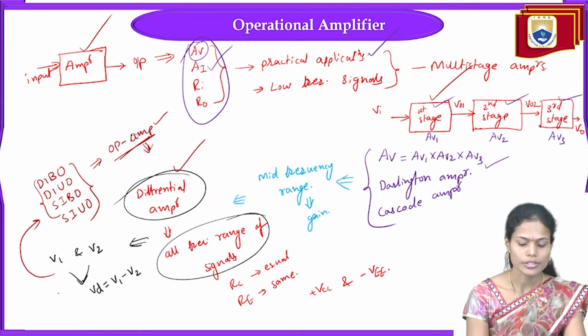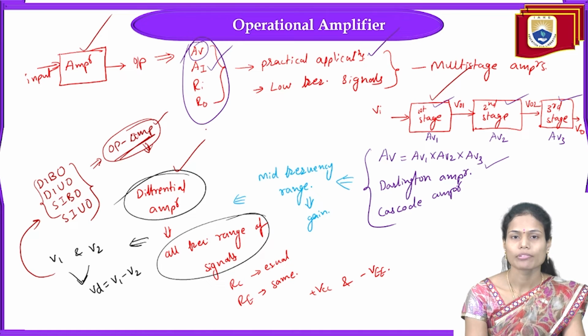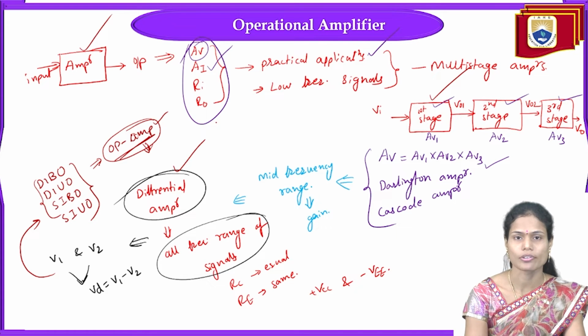And one more thing, this particular operational amplifier can perform all the operations, that is addition, subtraction, integration, differentiation, logarithm of the given signal, and it can also generate signals, and it can generate different types of non-sinusoidal signals along with the amplification. That is the basic function of the op-amp. That's why it is called an operational amplifier. Operational means it is going to perform some operation.